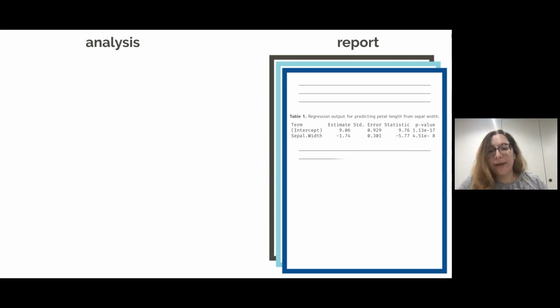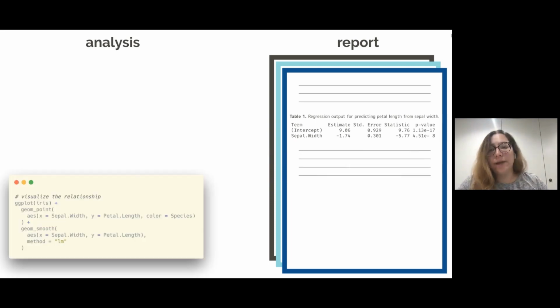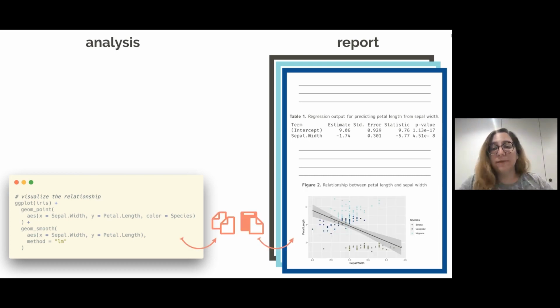Then I keep doing a little bit more writing, explaining my model output. Then I say, okay, now is the time to provide a visualization as well. I visualize the relationship between these two variables, copy and paste the visualization, put it into my report, and you can see that I have the negative slope and the negative regression line here.